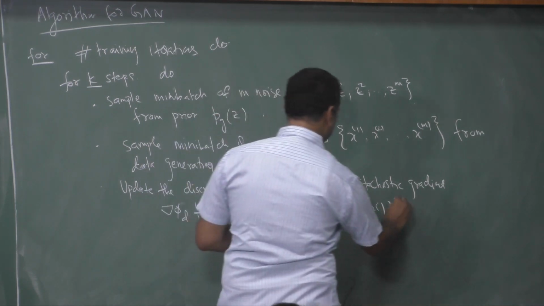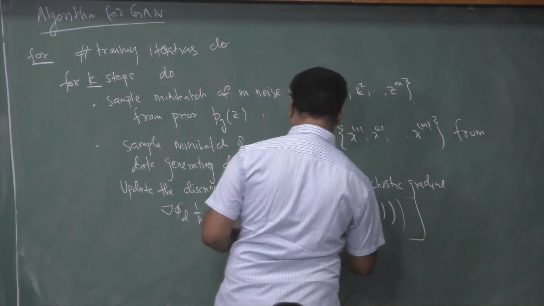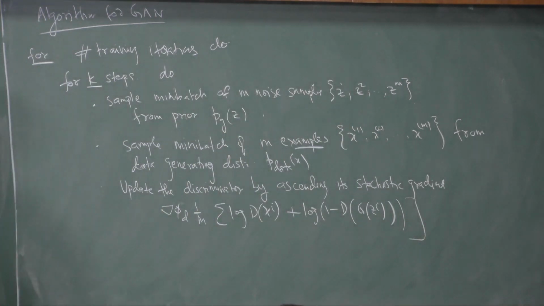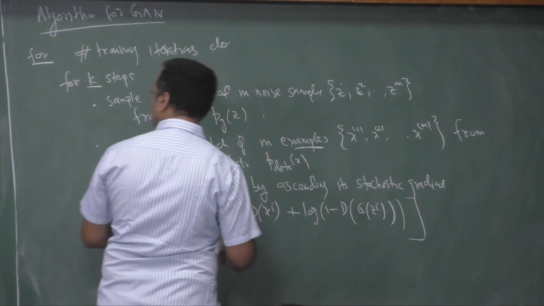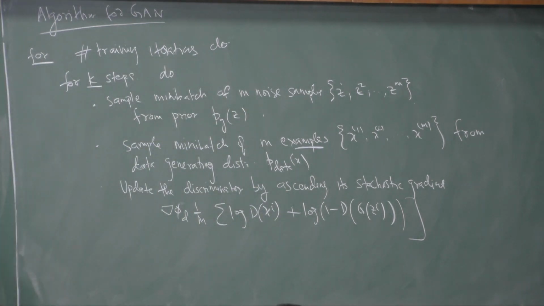I am using these bigger notations D and G, although I have used smaller notations here. To be consistent, why not use the same? The good thing about these notations is that it also tells you the parameter we have. If I do that, I have to do it everywhere, so let us do it everywhere because we want to be consistent.